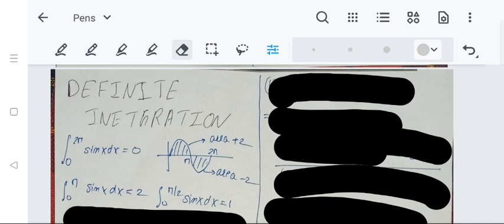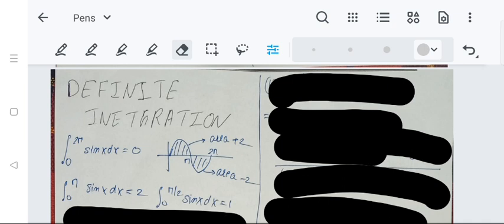But the mathematical significance is that the plus half part has the area plus 2, and the other minus half part has the area minus 2.